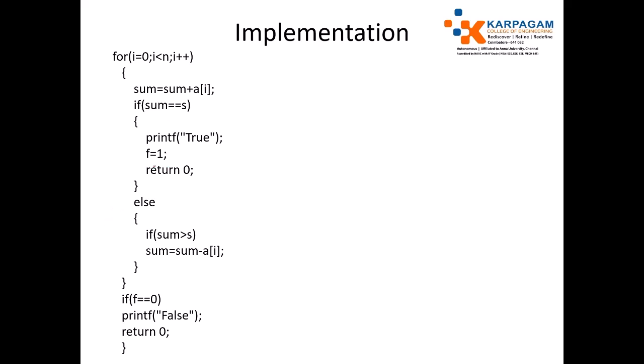Otherwise, if it is not equal to the sum, it goes to the else part. Just check if sum is greater than the target. If sum is greater, it exceeds the limit. So the element you have selected will exceed the sum after selecting it. If it exceeds the sum, just subtract it. Don't select that. That is why I have written sum equal to sum minus a of i.